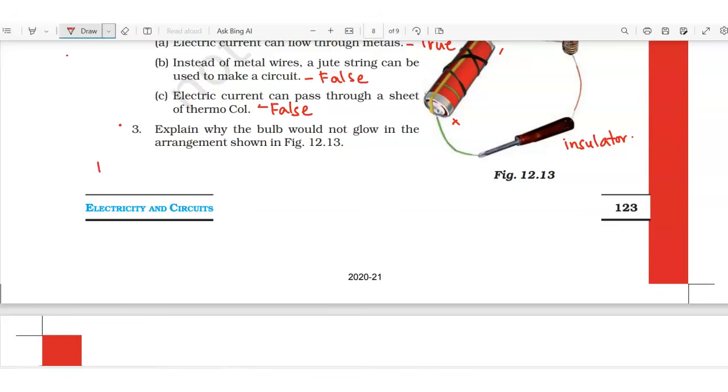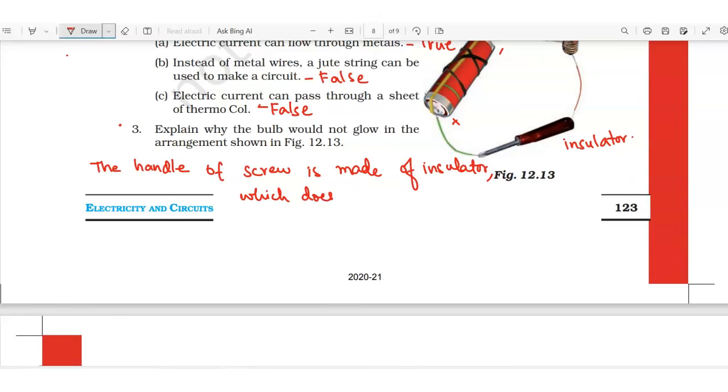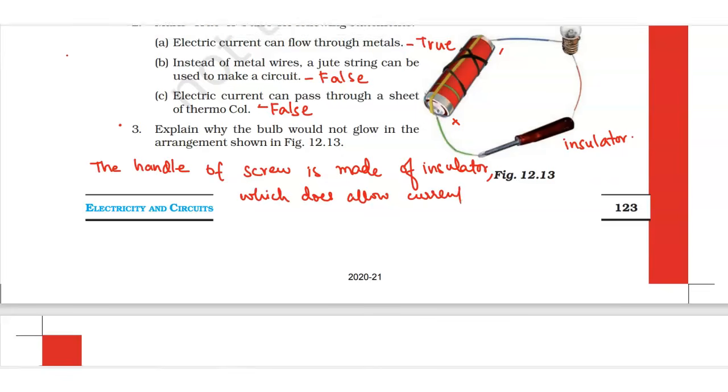The handle of the screwdriver is made of an insulator, which does not allow current to flow through it.